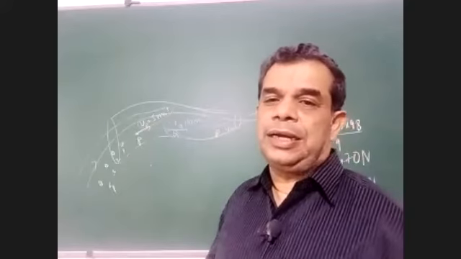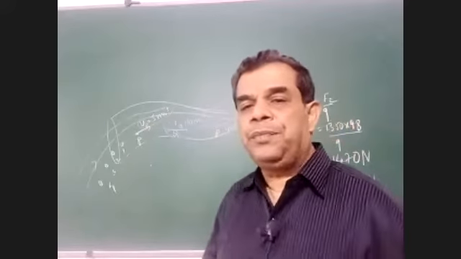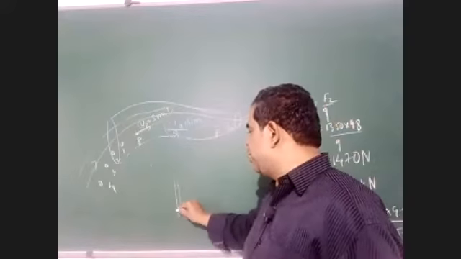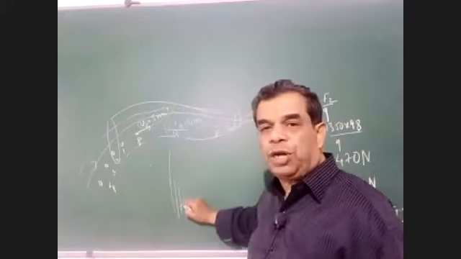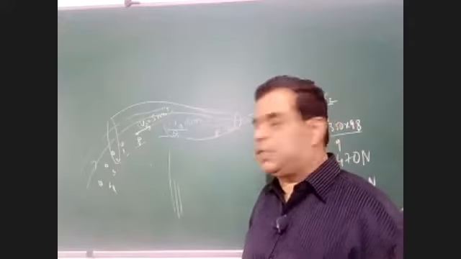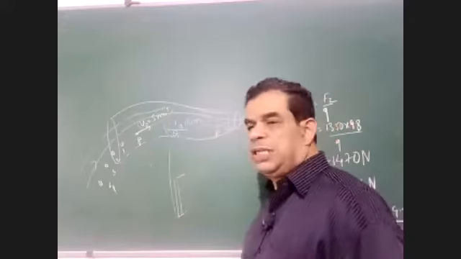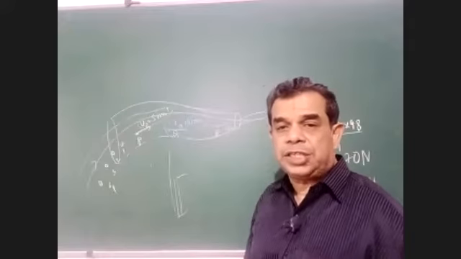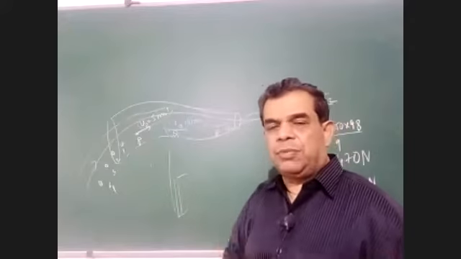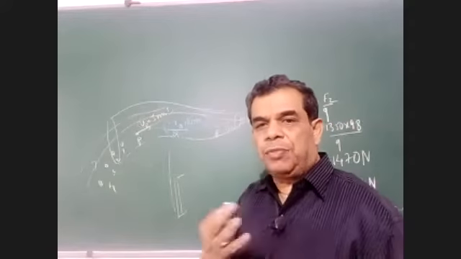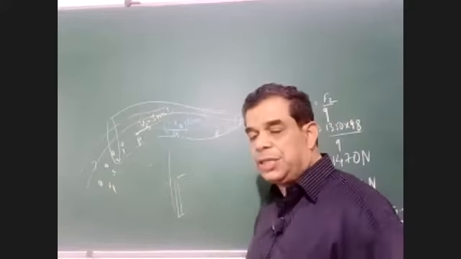Then you can manage it. So the question is what to do to increase the steady flow distance in the smoke of the incense stick. That is not so easy. It is hardly around 2 to 3 centimeters, or maximum 5 to 6 centimeters. After that it gets disturbed because the air is somewhat, even though we don't feel it, air particles are moving. They are moving randomly. That's why it is not so easy.